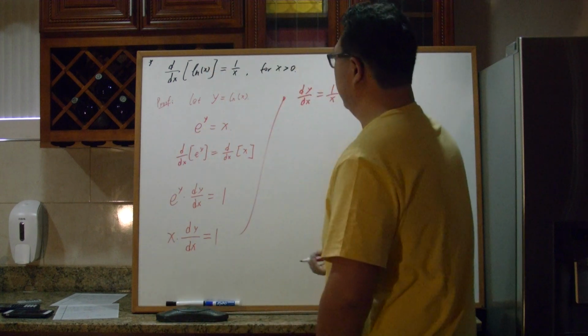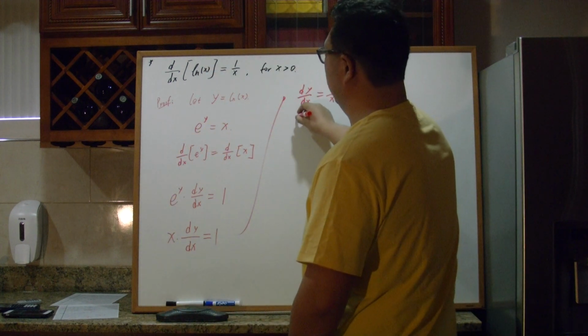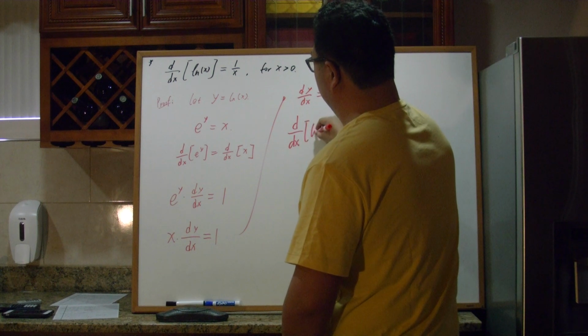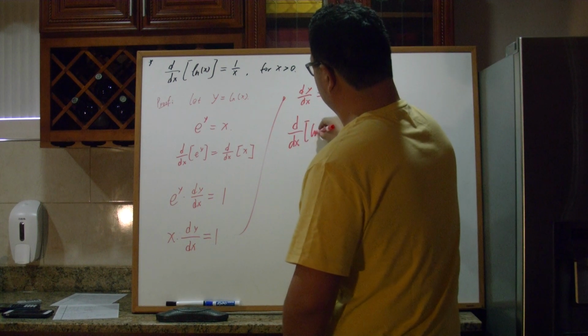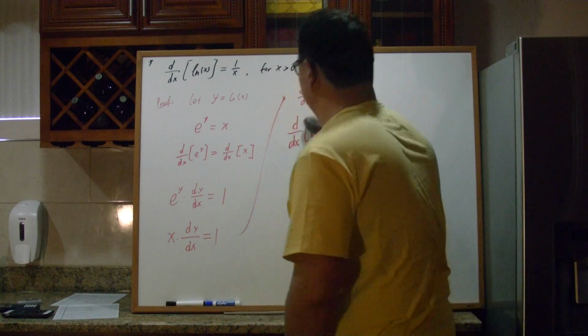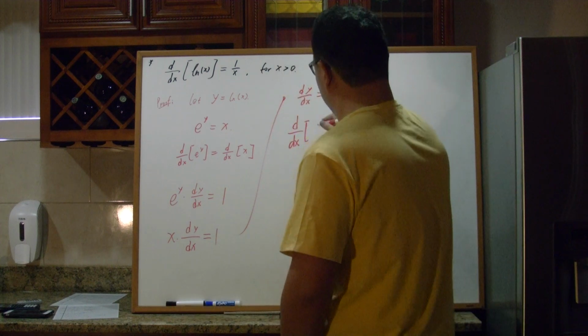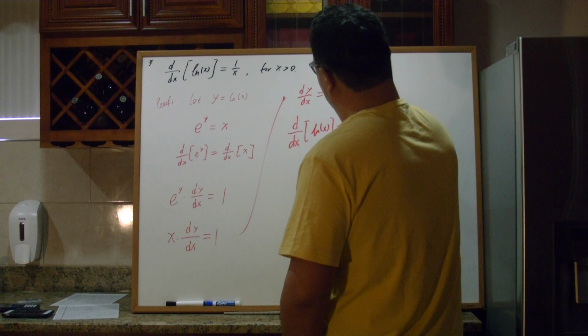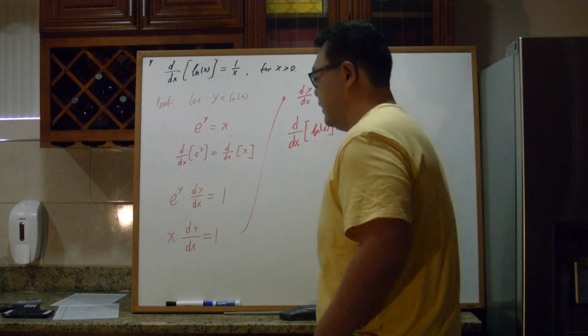Then we find dy dx is 1 over x. That shows the derivative of ln x is 1 over x.